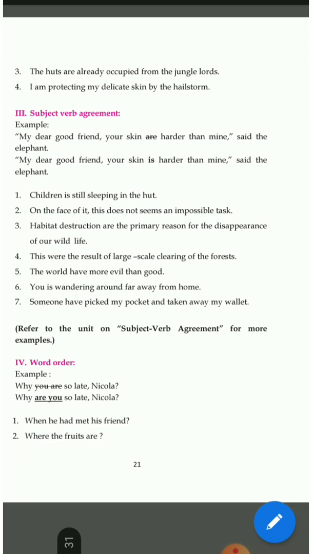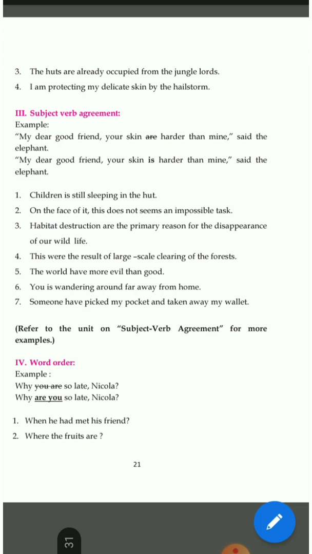Next one. On the face of it, this does not seem an impossible task. What is the mistake here? Once you use does, again you should not add s to the verb. Here they have written seems, so it has to be seem.